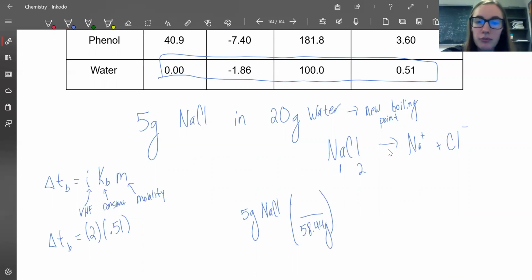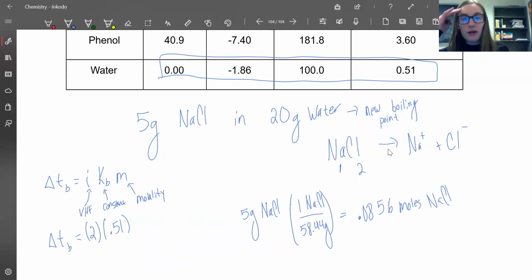So we've got 58.44 grams per 1 mole of NaCl. I really miss you guys being able to calculate this for me while I talk. Bummer. Okay, so we have 0.0856 moles of NaCl.